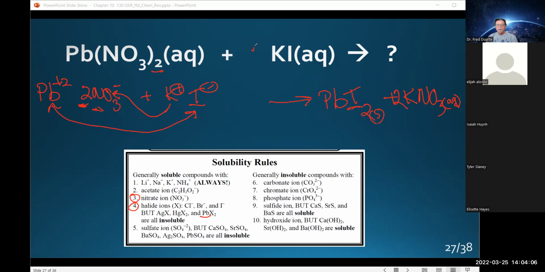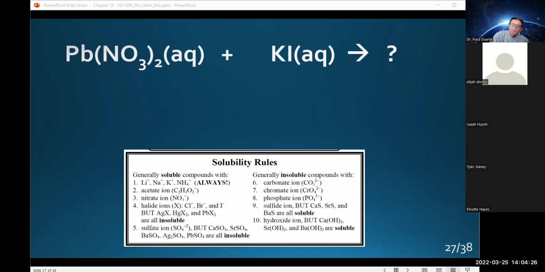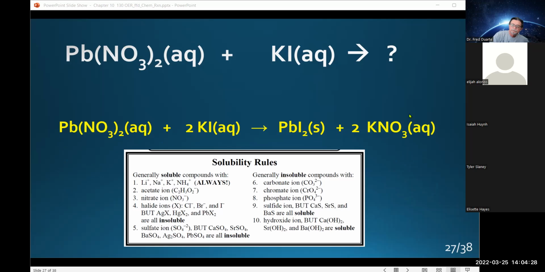So I simply put a 2 right there in front of KI. And now everybody is balanced. I got 1 lead, 2 nitrates, 2 nitrates, 2 potassiums, 2 potassiums, 2 iodides, 2 iodides. We are balanced.